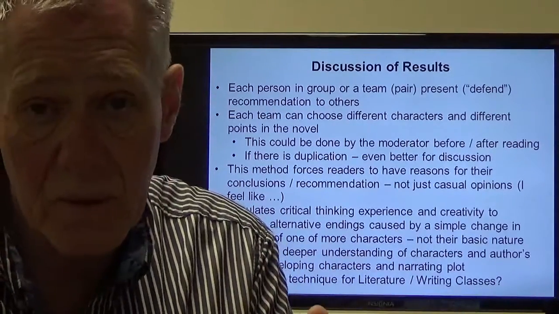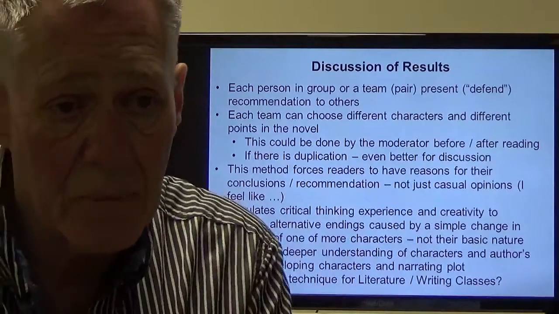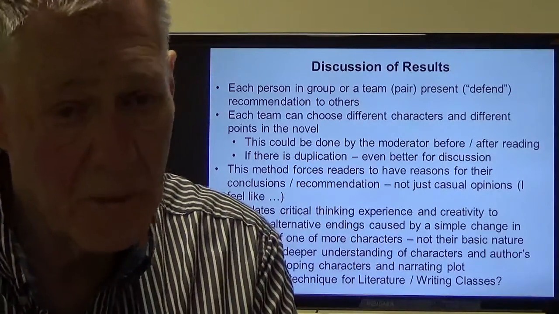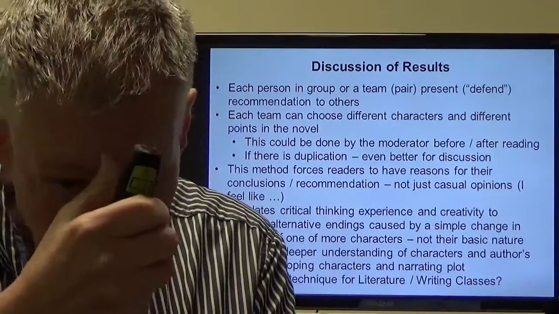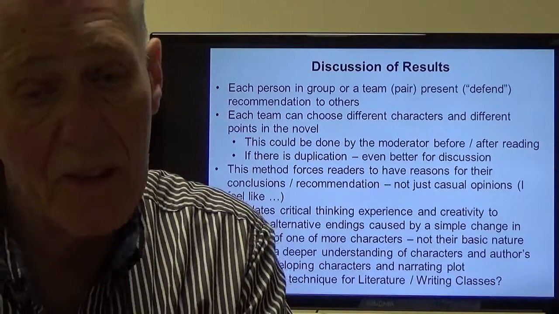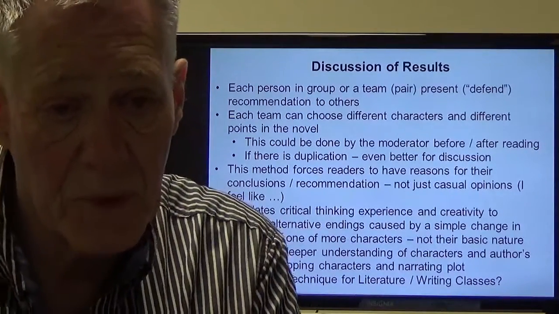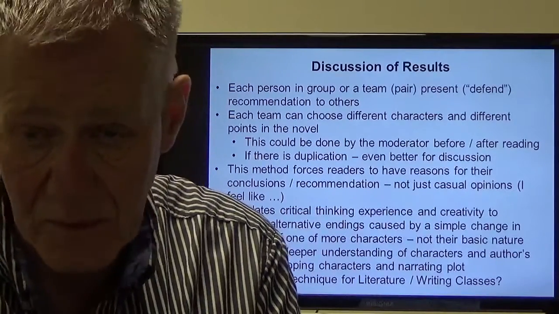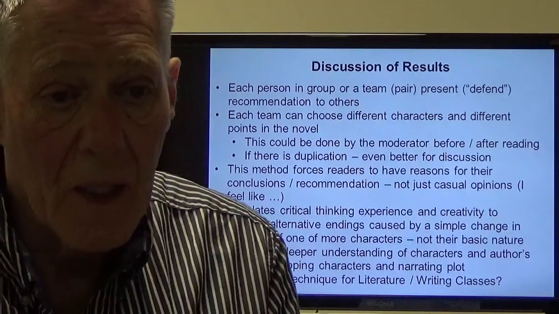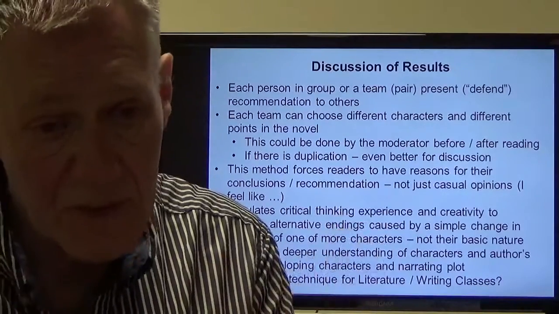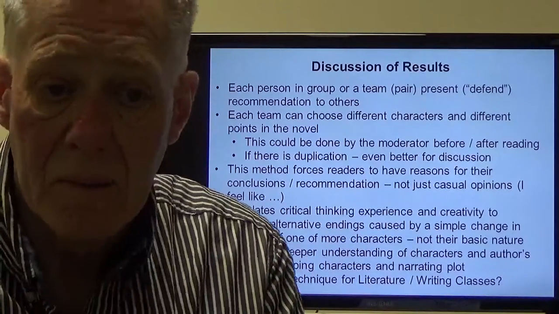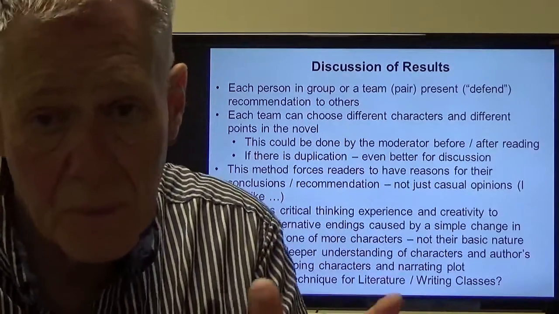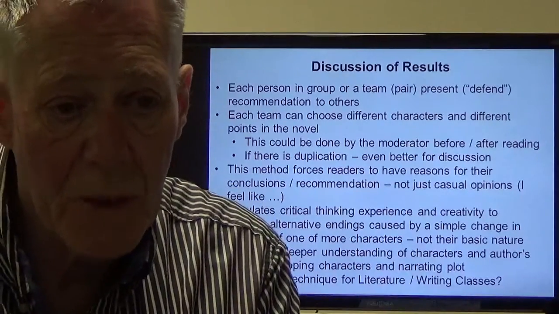None of that would be pre-assigned or decided, or it could be done by the moderator, and it could be done before or after the reading, and then you would discuss the book a little bit later in the next group meeting, for instance. And if there was a duplication of the decision point and the particular character, that's even better, because now you'd have what did people choose for their various options.